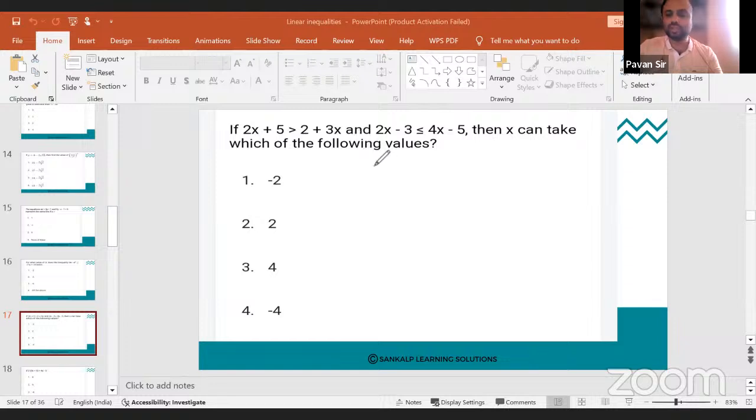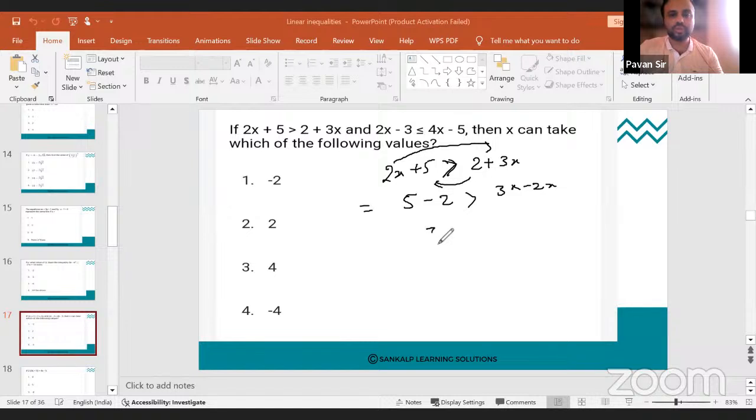So write the given inequality first. That is 2x plus 5 is greater than 2 plus 3x. So it is nothing but transformation: 5 minus 2 is greater than 3x minus 2x. Take the transformation, collect the like terms.